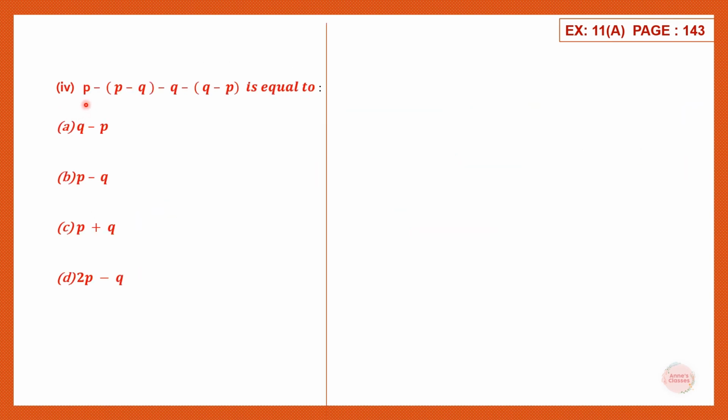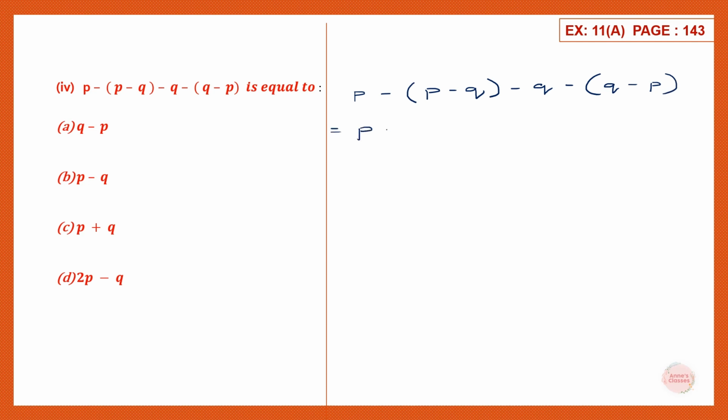Question 4. P minus in brackets P minus Q, minus in brackets Q minus P, is equal to which of these? So let's work this out. Let's write that once more: P minus, in brackets, P minus Q, minus, in brackets, Q minus P. So let's open the brackets first.